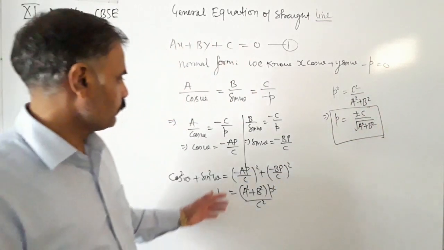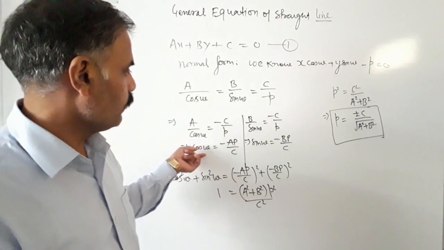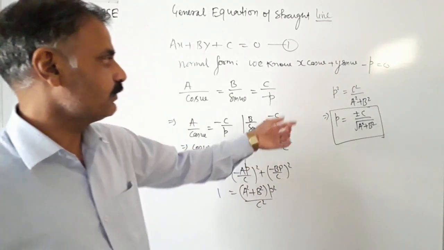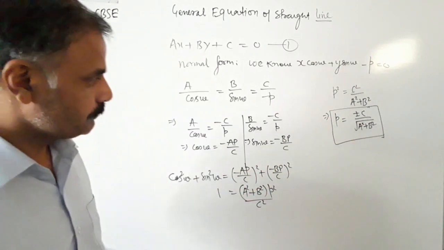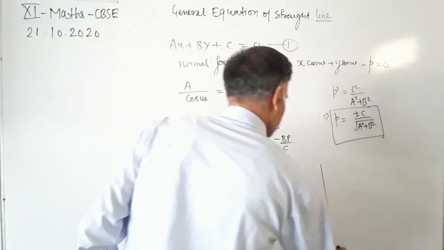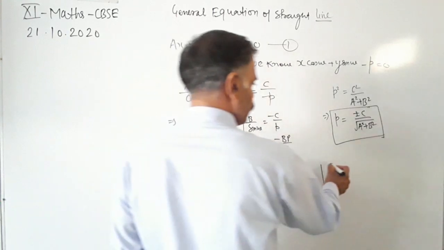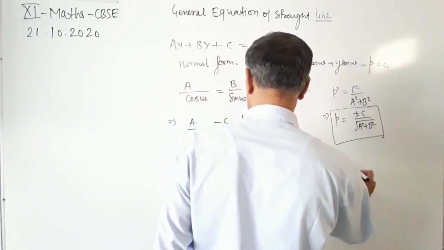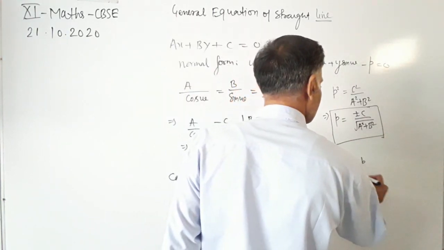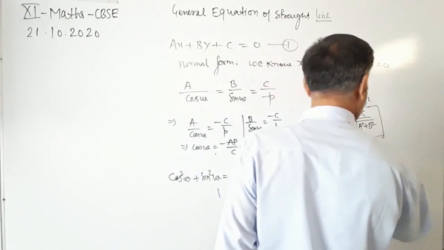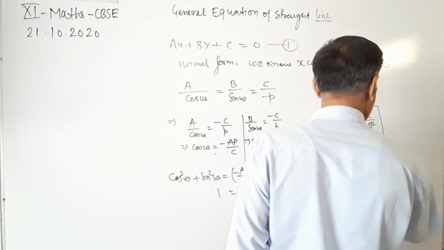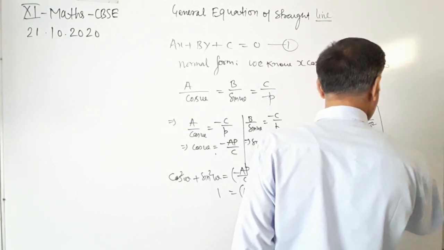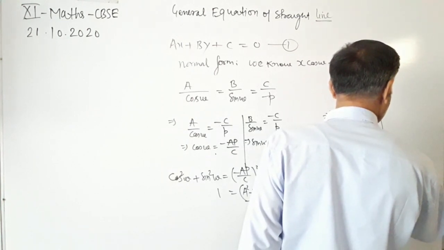Okay, now we can find the value of cos omega and sin omega also using the value of p. From this, cos omega equals minus ap upon c. So minus a upon c into p, that is plus minus a upon c into c upon under root a square plus b square.